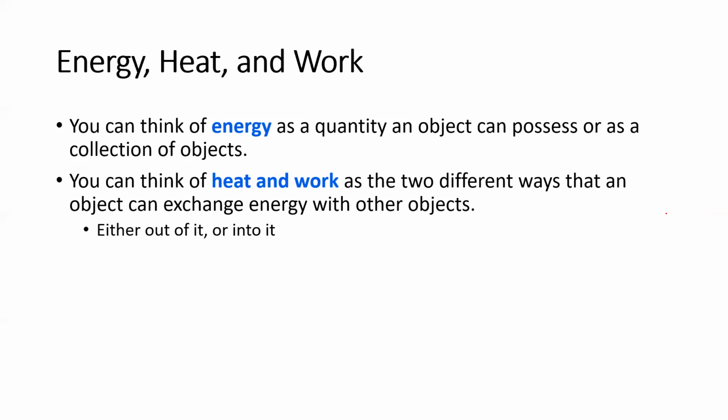If we're looking at a system, it can exchange heat or work with the surroundings, and we can look at it as work either being put into it or out of it, or heat coming into it or out of it. And when I say it, I'm referring to the system or the reactants in a reaction.